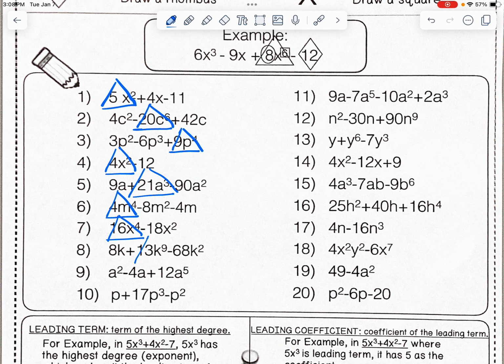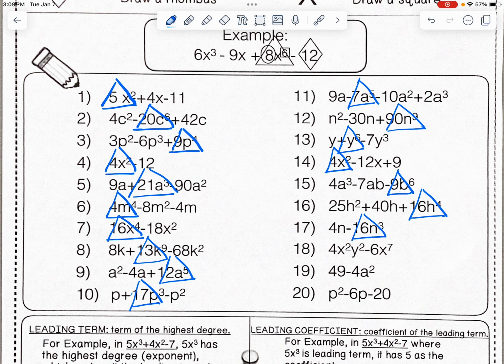Number 8 would be the 13k to the 9th. Number 9, it would be the 12a to the 5th. 10, 17p to the 3rd. 11 would be negative 7a to the 5th. 12 would be 90n to the 9th. 13 would be just the y to the 6th. 14 would be 4x to the 2nd. 15 would be 9b to the 6th, again, the largest exponent. 16 would be 16h to the 4th. 17 would be the negative 16 to the 3rd.